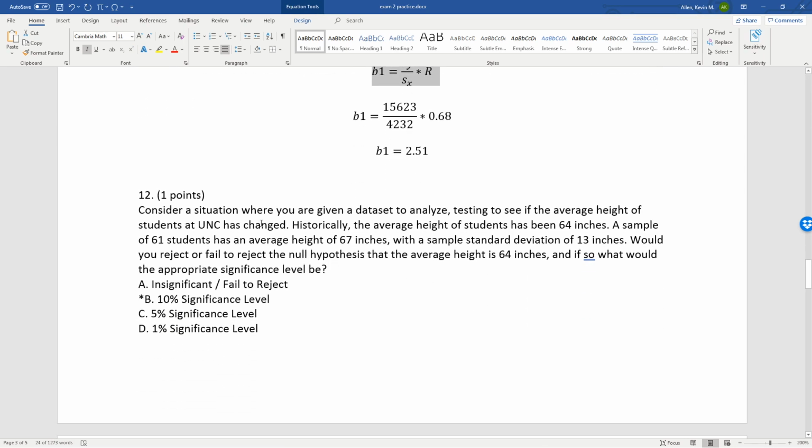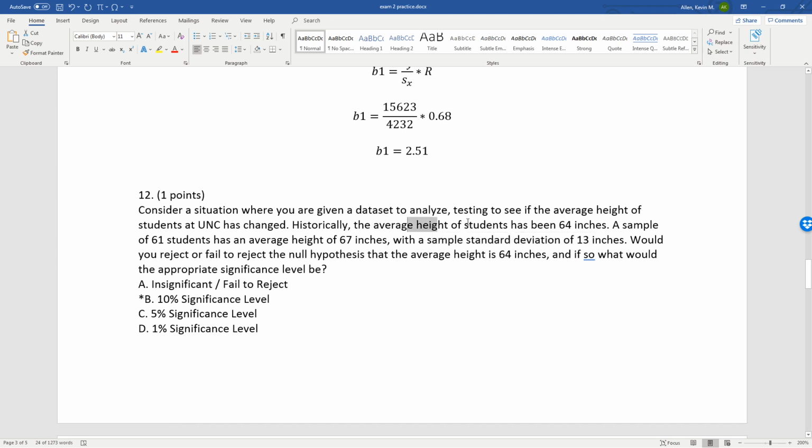Alright, so here's a t-test. You know it's a t-test because you have a sample standard deviation. So default to the t-test if you don't have any other pressing reason to do otherwise. That is to say, if I tell you to do a z-test, go ahead and do a z-test. But if I don't mention it, it's a t-test.